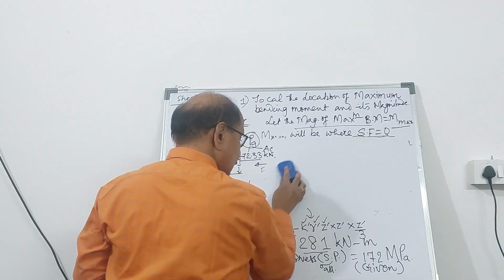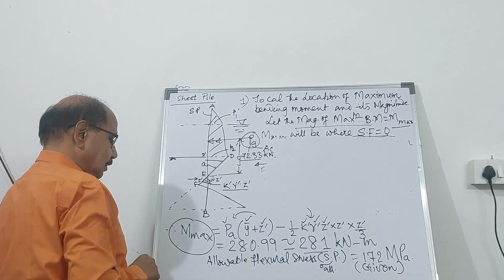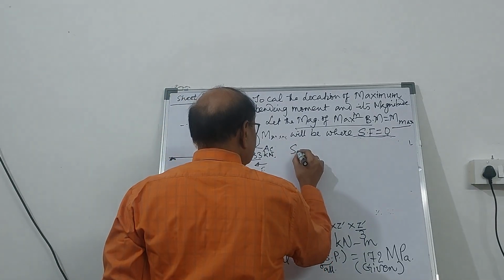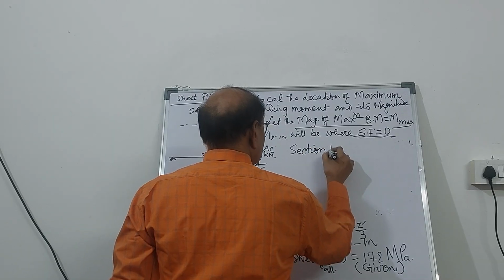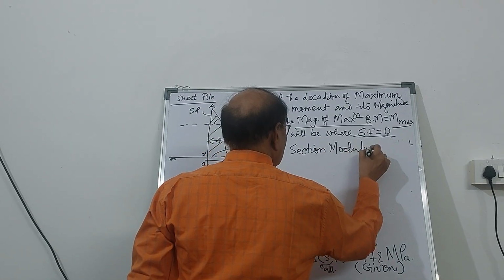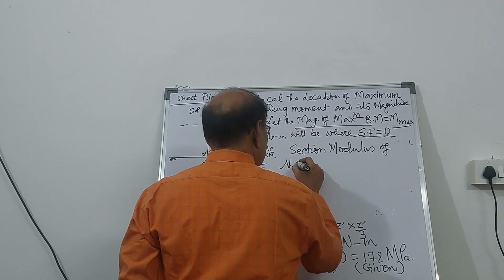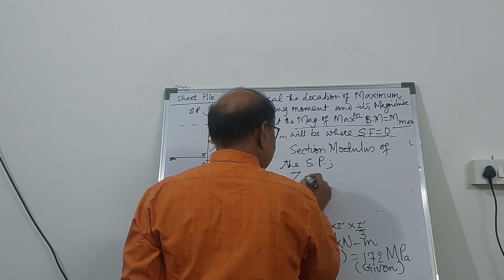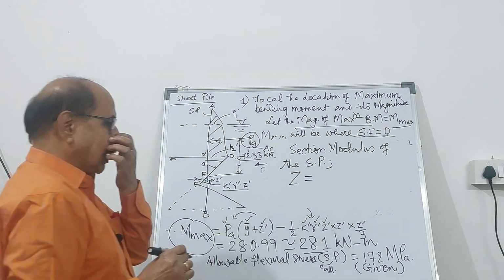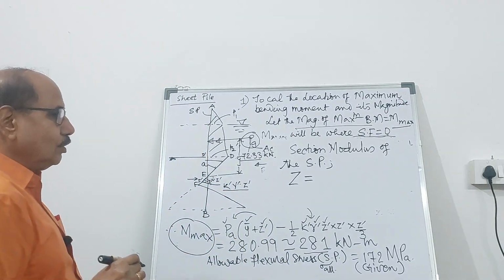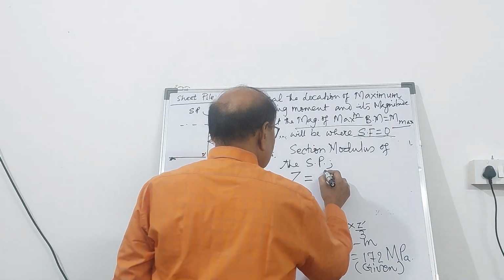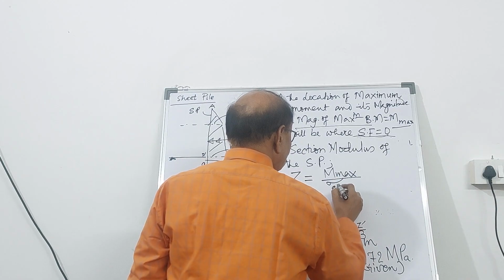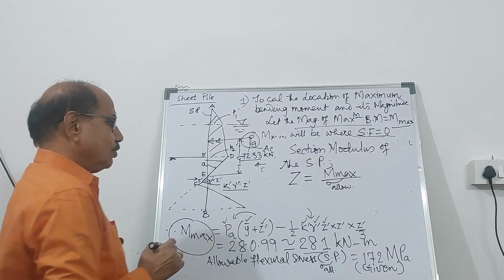I have calculated the maximum bending moment, and the section modulus of the sheet pile, called capital Z, is going to be the maximum bending moment divided by allowable flexural stress.